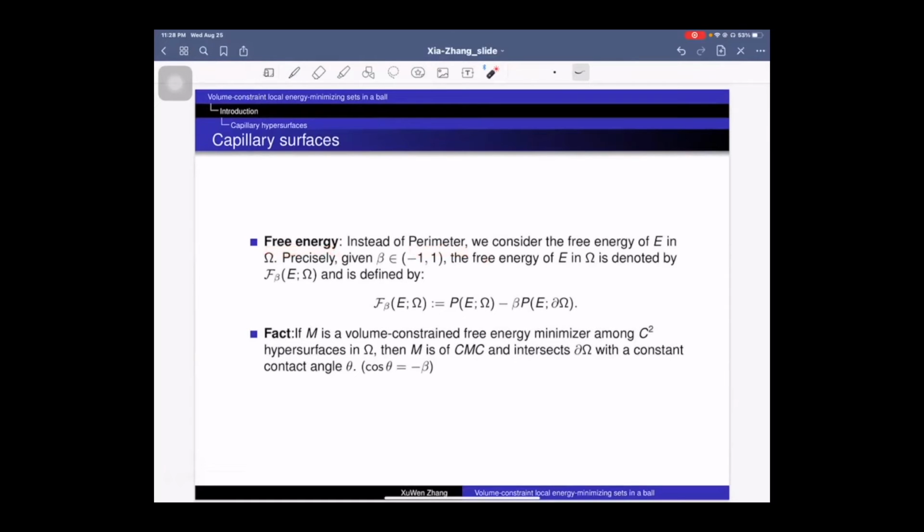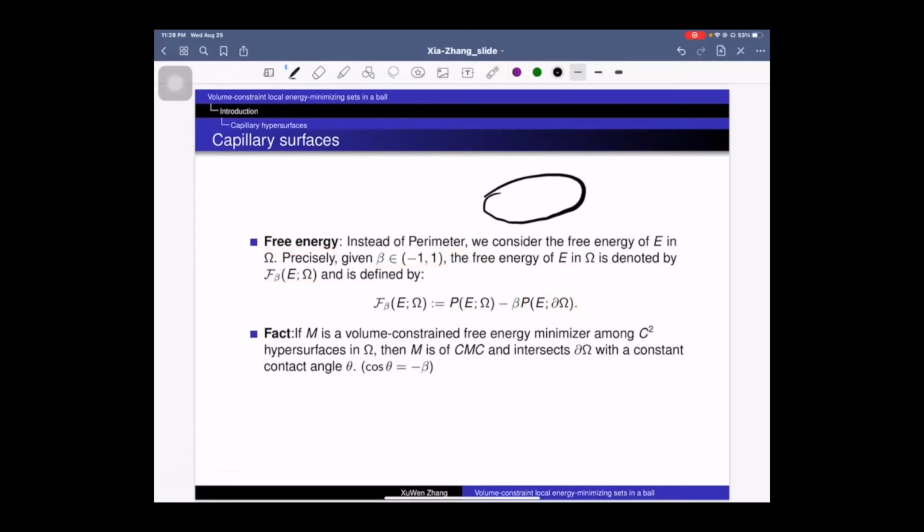We denote the free energy functional by F_beta(E, Omega), where beta is a constant bigger than -1 and less than 1, and is defined by the perimeter of E in Omega minus the perimeter of E in the boundary of Omega times beta.